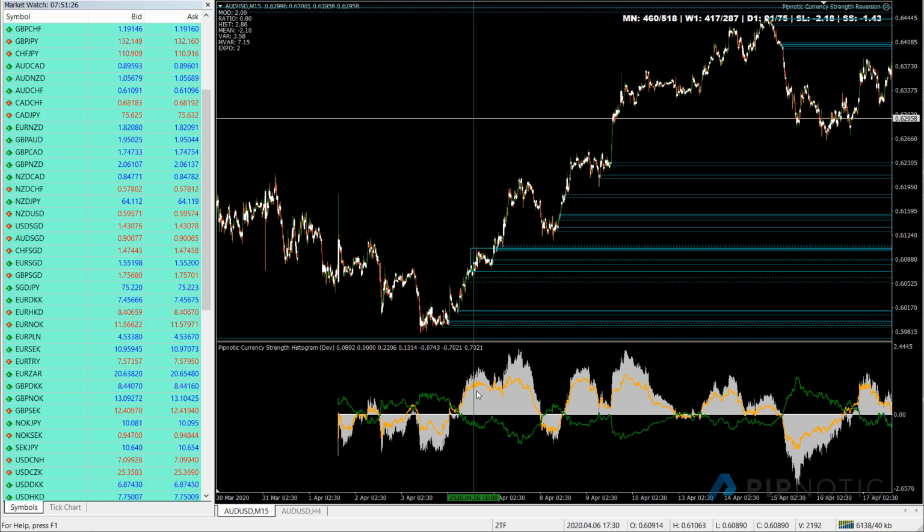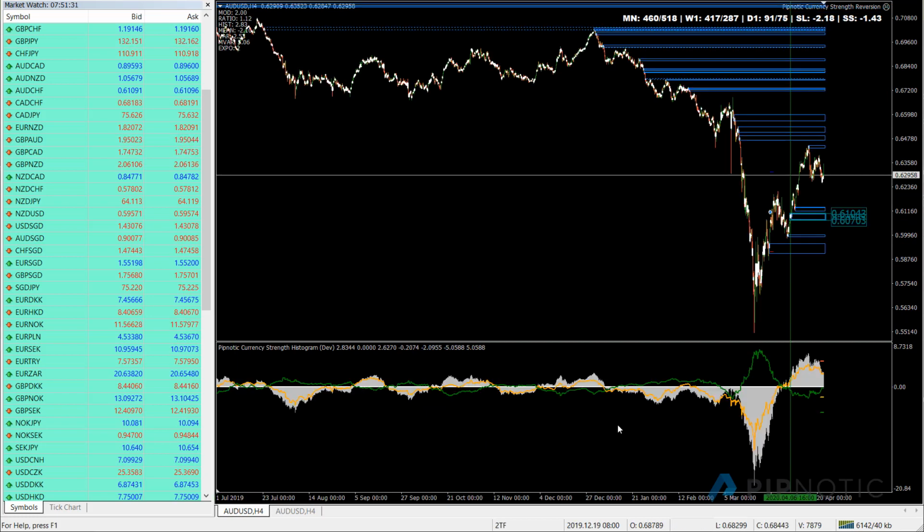But if you're focusing on this, you can see the crossover has occurred, and prices already started to move. It doesn't mean that it's too late. It just means that you need to get in on the smaller time frames. And this is how you would use currency strength in the traditional sense. Okay.